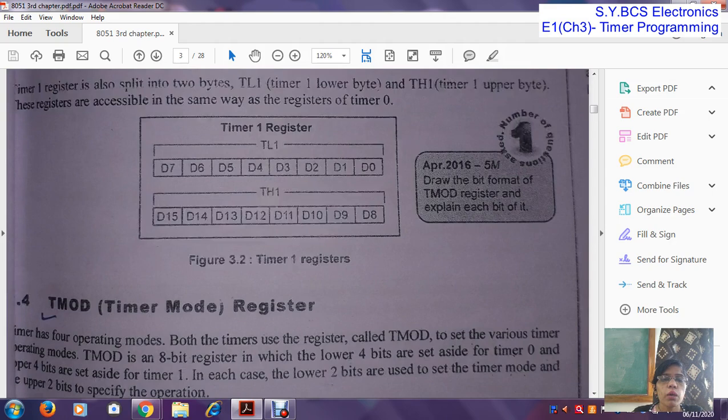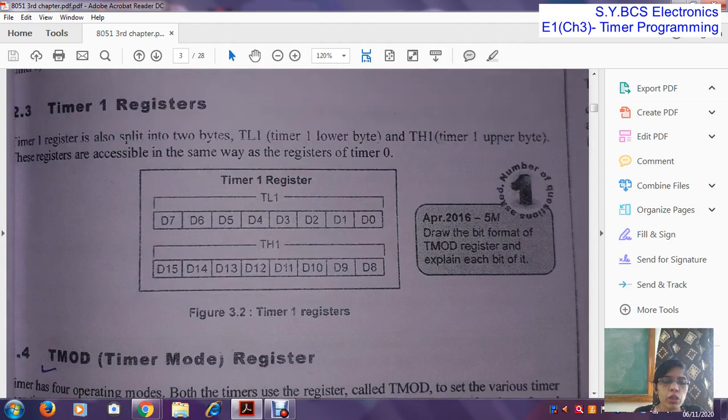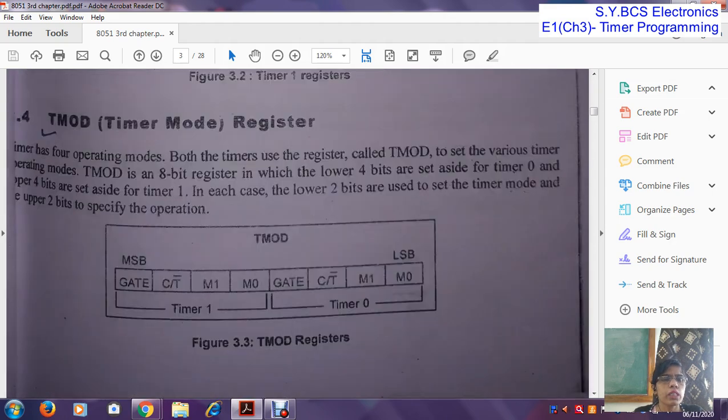Okay. Now besides these two registers, timer 0 and timer 1, there is one more register, which is called the timer mode register. This TMOD register controls the operation of the timers. The timer has four operating modes.